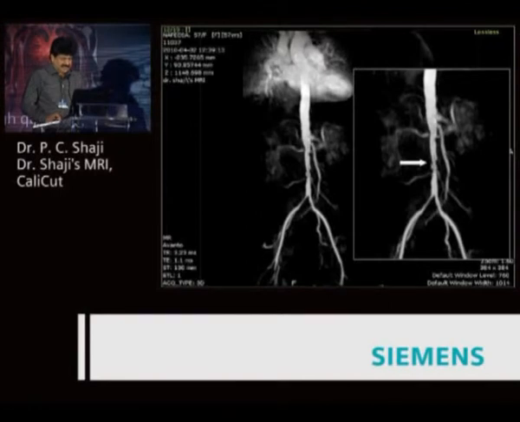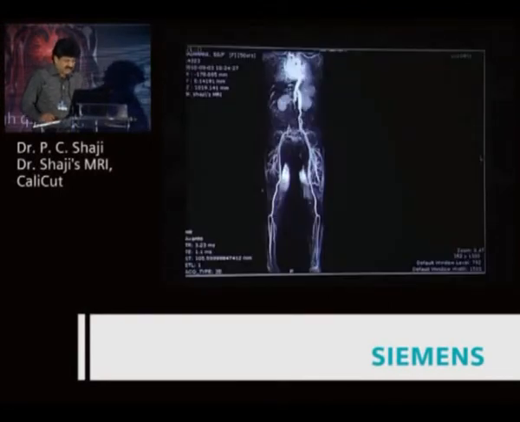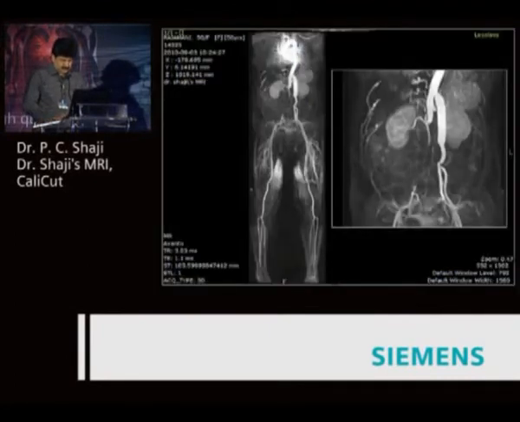And this is a case which came without any details about the surgery done earlier. You can very well see the bypass surgery done here. In fact, this is an inverted pantaloon sort of surgery, and the right limb of the graft is obstructed. You can see the right limb is not seen, whereas the left limb is very well seen.